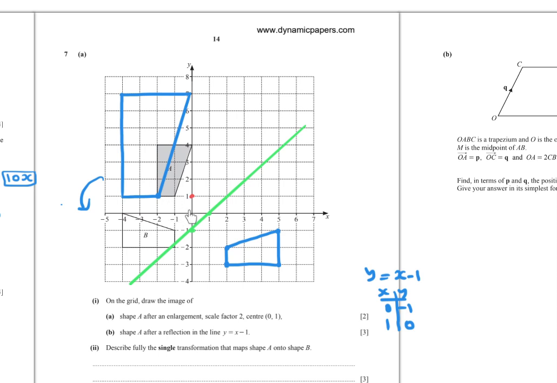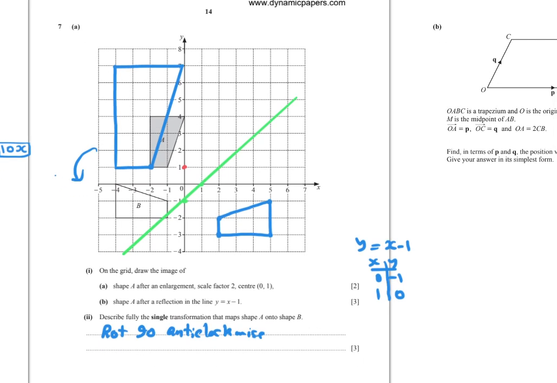So one to the left will be one down. So it is the same. So the center of rotation is the origin. So from A to B, a rotation of 90 degrees anti-clockwise. The center of rotation is the origin.